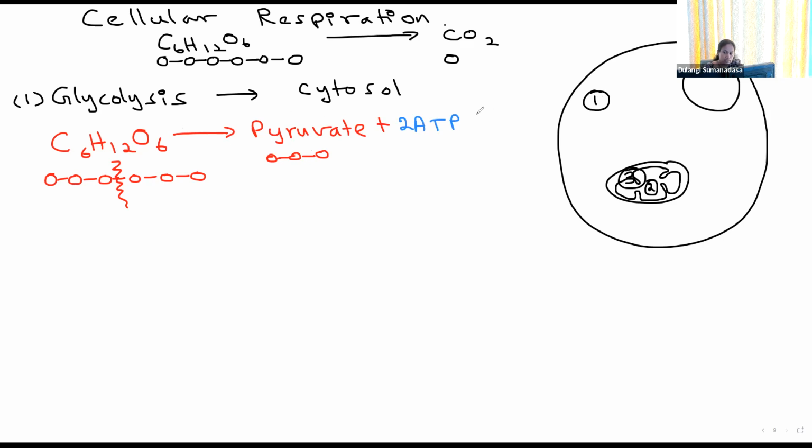So when the energy is released, energy is also going to be trapped in the high energy protons or electrons. And this is going to be taken by coenzymes, we can only use 2 coenzymes, right? So for photosynthesis, we use NADPH.